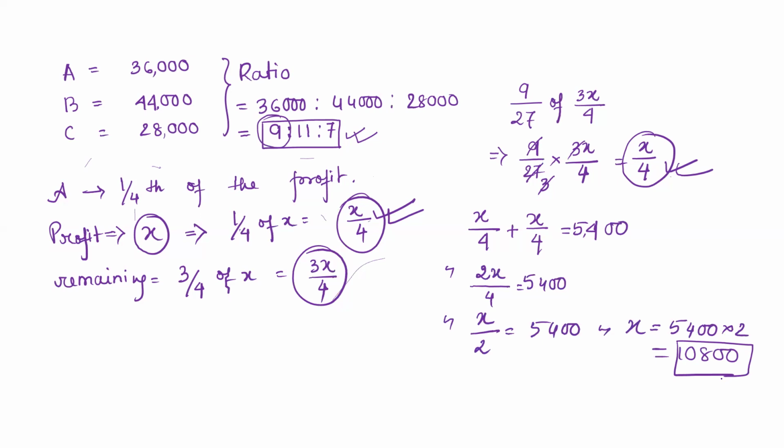Now amongst this 10,800, I'm just solving it here itself, 3/4 of 10,800 will go to A, B and C according to the question, right?